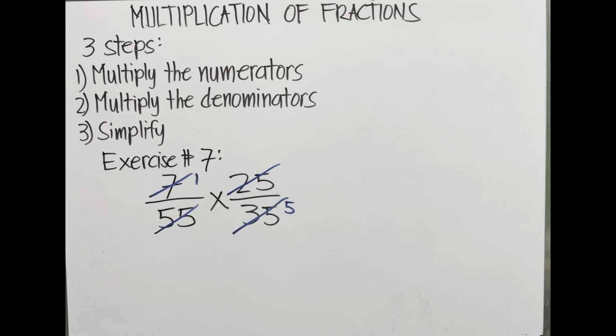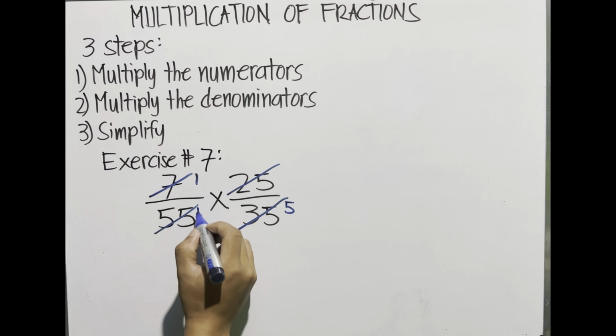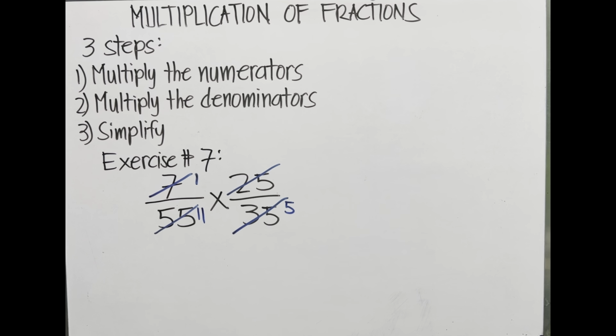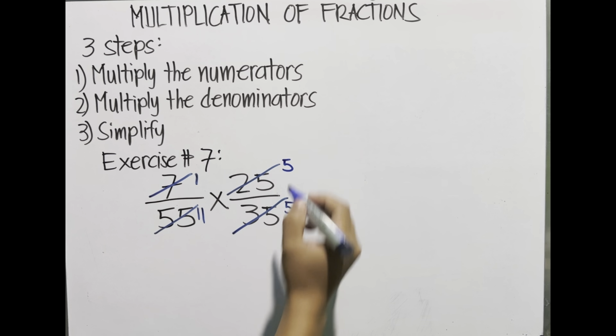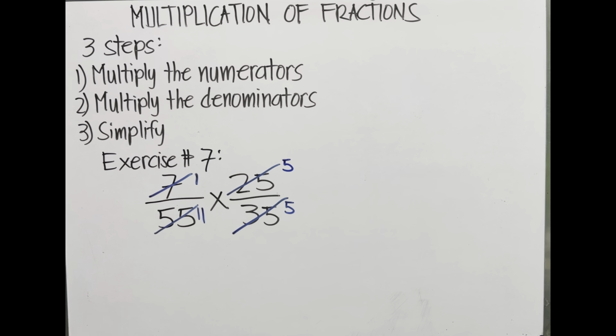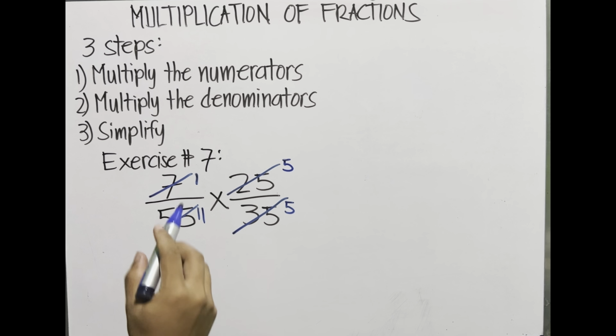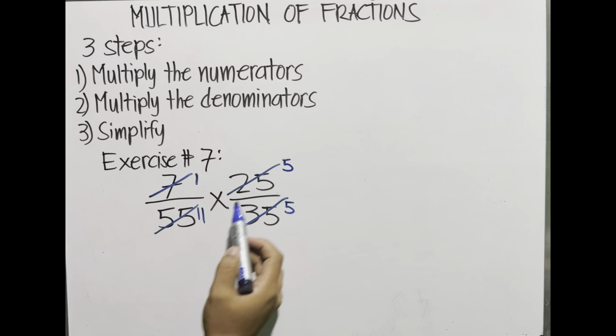Pwede natin i-divide by 5. So, 55 divided by 5, that is 11. 25 divided by 5, that is 5. Ayan. Tapos, ngayon, ang natirang number na lang is 1, 5, 11, tsaka 5.